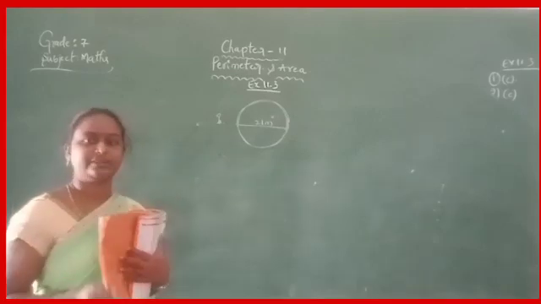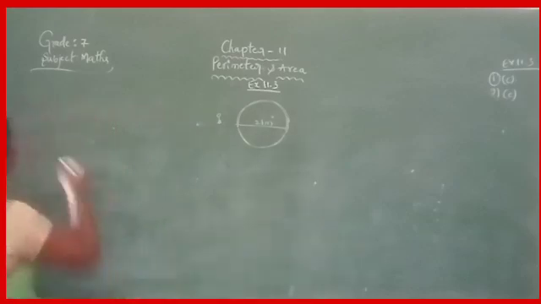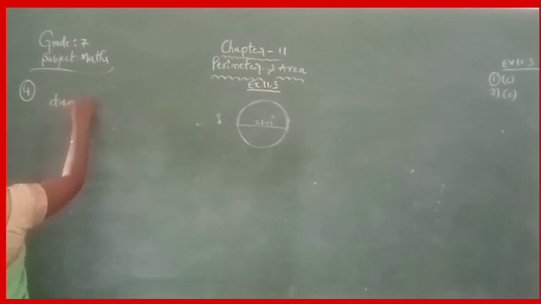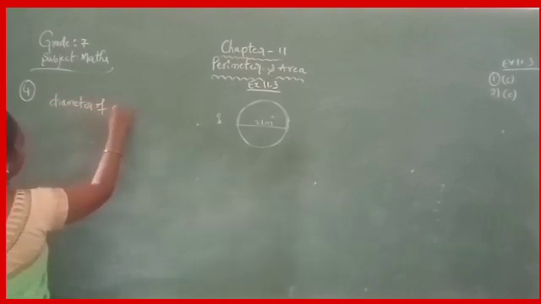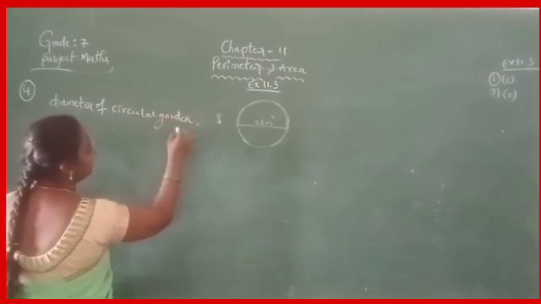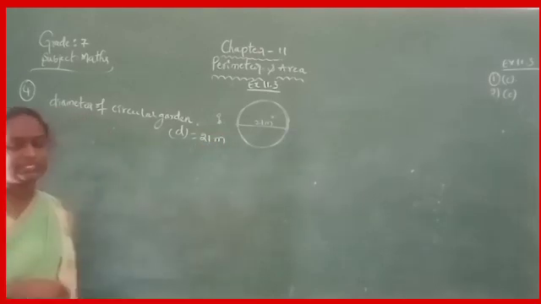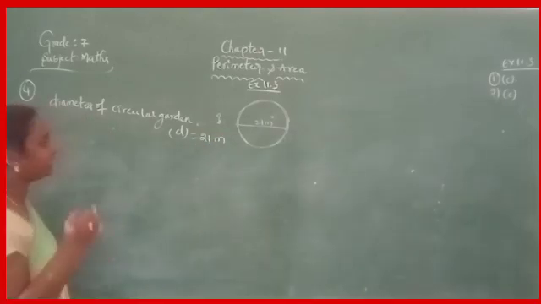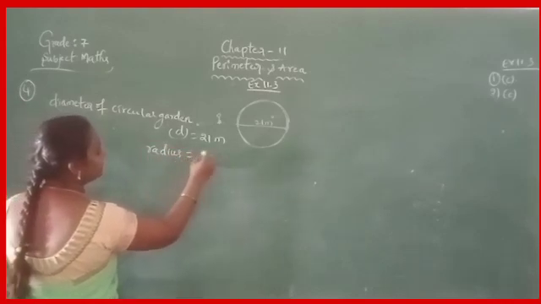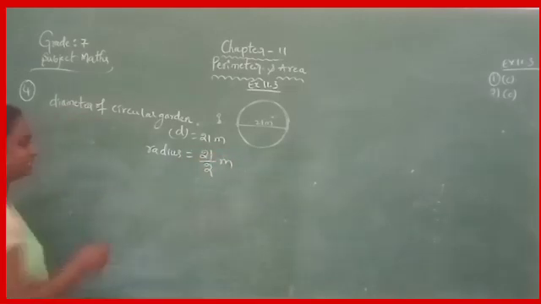Then we have to find the total length of rope here. Before that, the diameter of the circular garden is given. What is the diameter? 21 meters. Fencing means we have to find the circumference. For that the radius is compulsory, so we have to find the radius. The radius is half of the diameter, that is 21 by 2 meters.